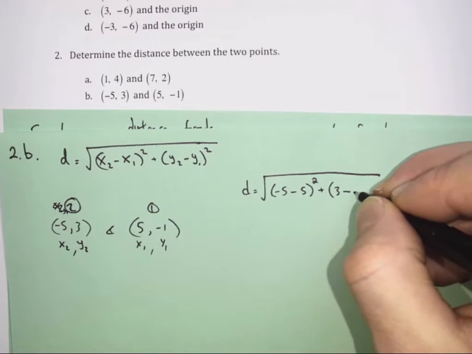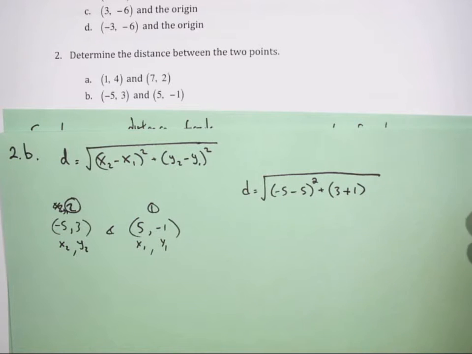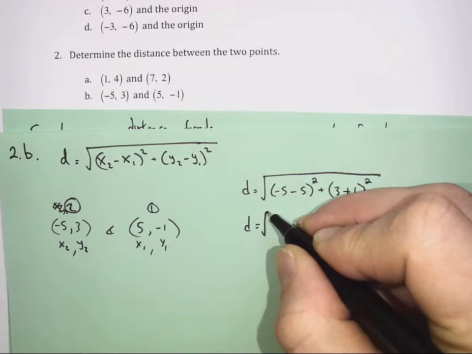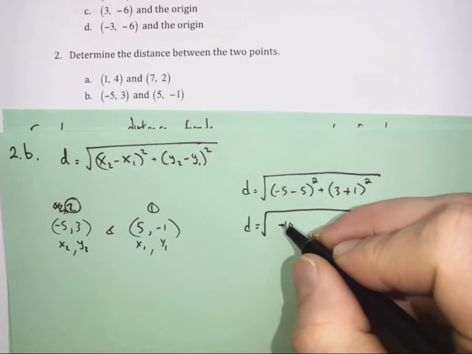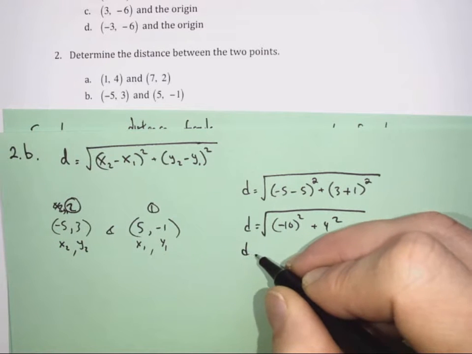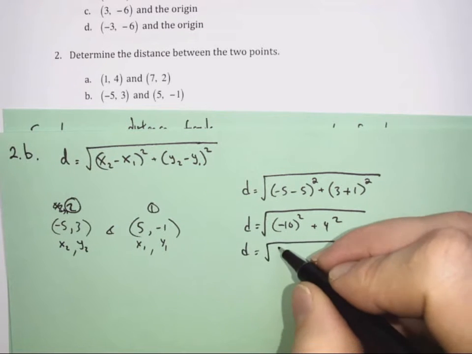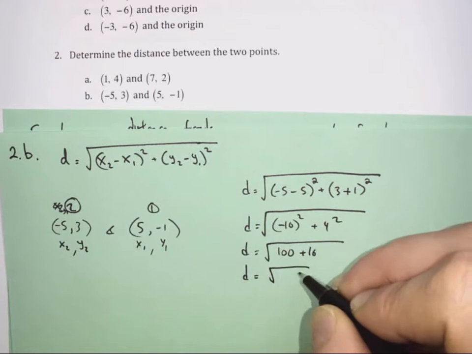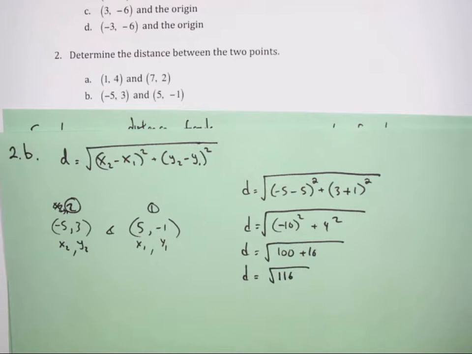So we're going to take away -1, which is the same thing as adding 1, and we're going to square that. And so that tells me the square root of (-10) squared plus 4 squared, which is 100 plus 16, or really the distance is the square root of 116.